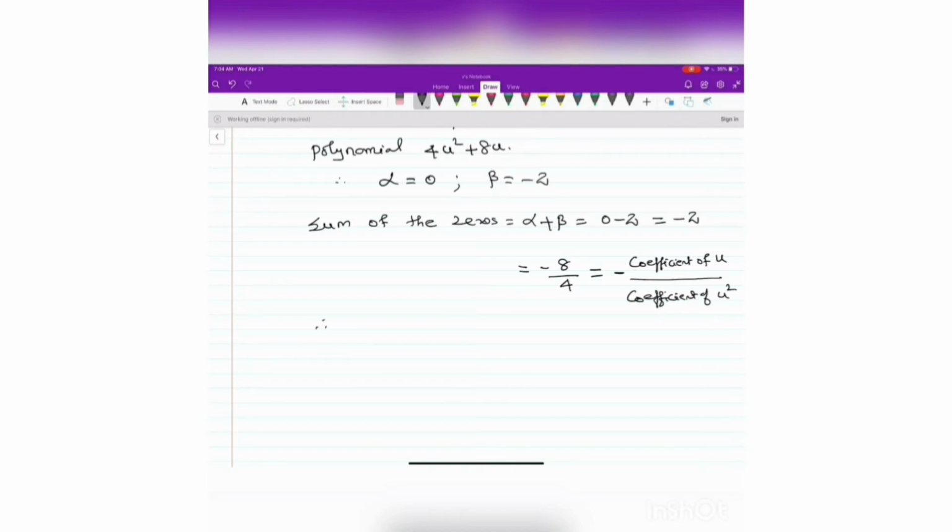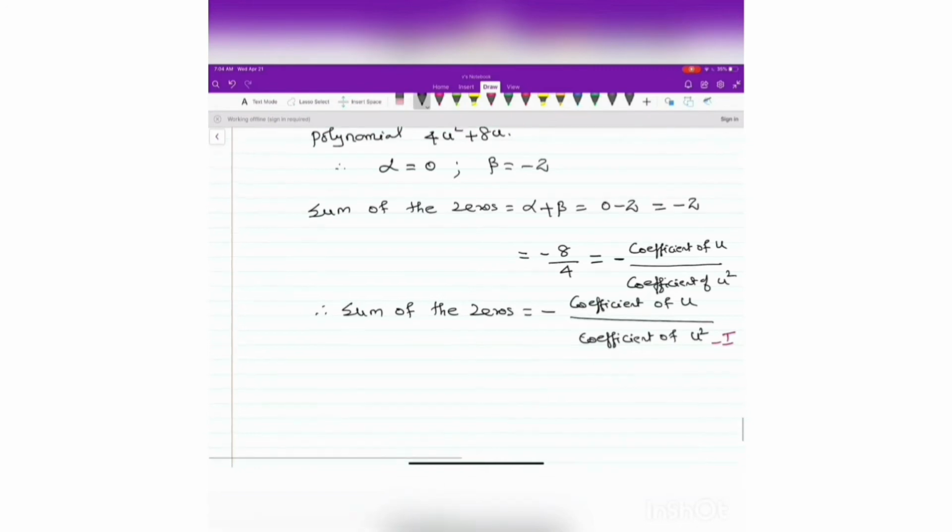Therefore, sum of the zeros is equal to minus coefficient of u by coefficient of u square. Let me name this result as 1.